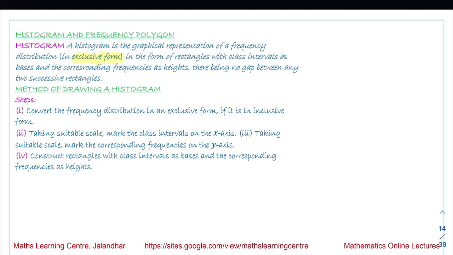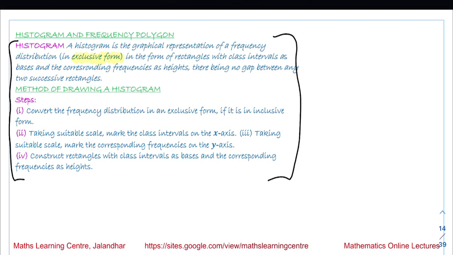Then, by taking a suitable scale, we mark the corresponding frequencies on the y-axis. You will see this with our next example. And last, we construct the rectangles with class intervals as base and the corresponding frequencies as height. I am going to explain these steps and the definition with our next example.